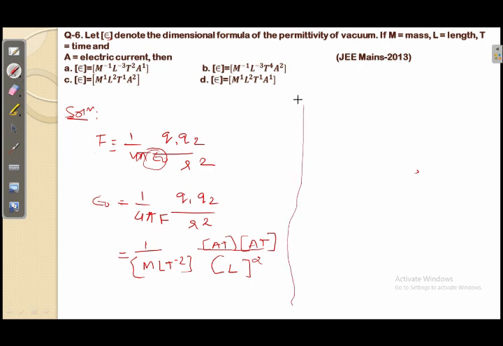Just simplify, so epsilon naught is equal to, take all the quantities which are in the denominator to the numerator, so that becomes M to the power minus 1, L to the power minus 1, and T to the power 2 is there.